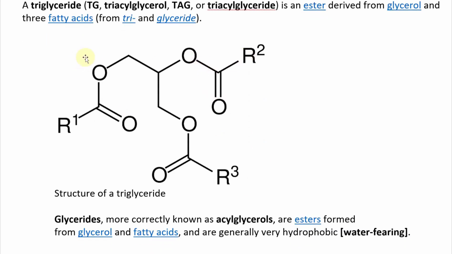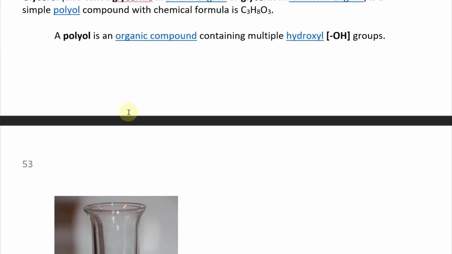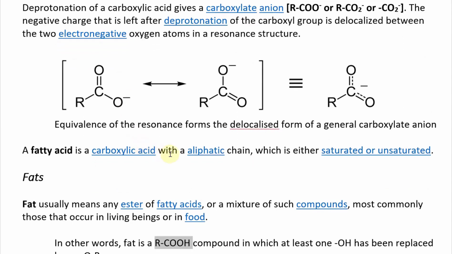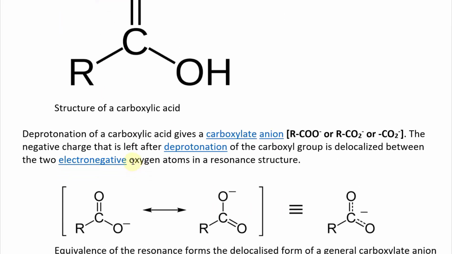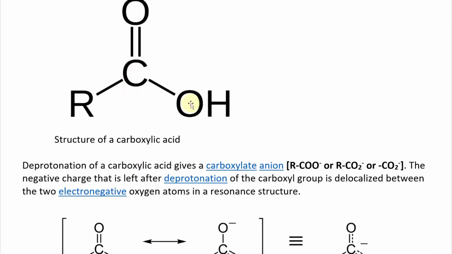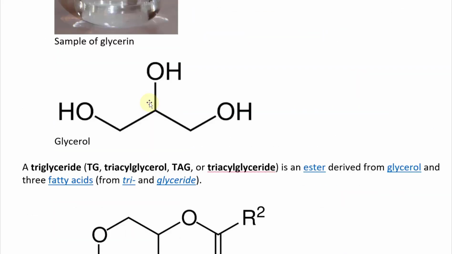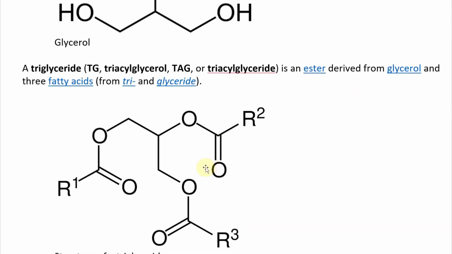This one has 3 fatty acids, and again, a fatty acid is a carboxylic acid with an aliphatic chain, and the carboxylic acid just looks like this over here, and it's not going to be aromatic. So there's a C, an OH, and a double bond O. See how there's a double bond here, and then it's derived from it.